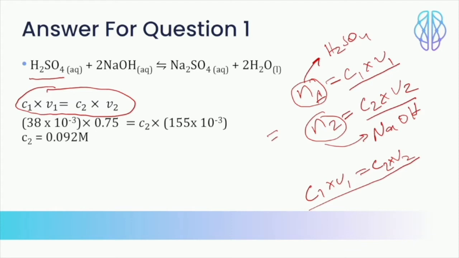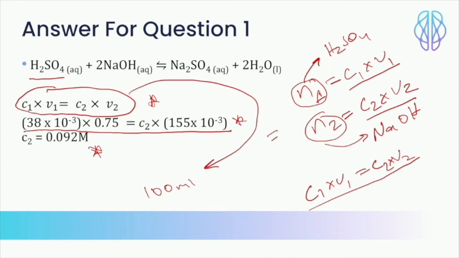If we plug these numbers in, we get something like this. Always never forget, write your formula first, substitute, and then answer. And one thing I want you to get into the habit of is using scientific notation. For example, if I were to write 100 milliliters, this formula and any formula in chemistry only accepts SI units. In this case, liters.